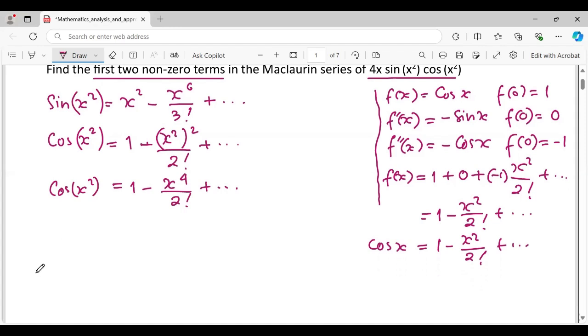Now, through the information about the Maclaurin series of sine x squared and cosine x squared, we can determine the Maclaurin series of 4x sine x squared cosine x squared.